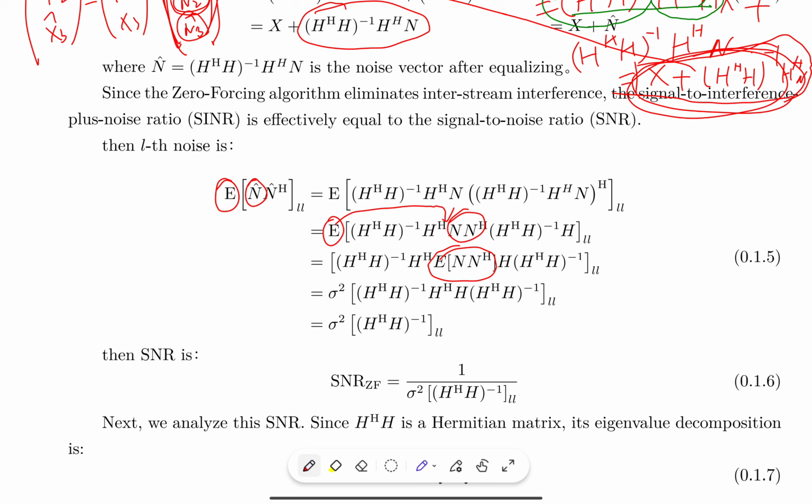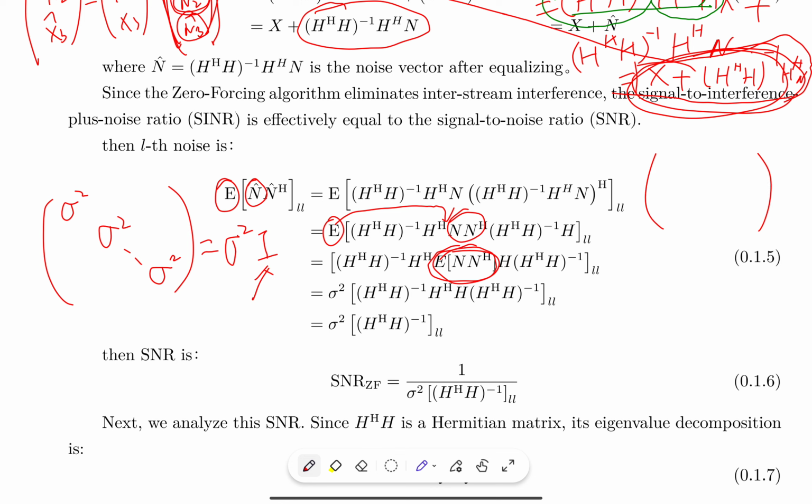We assume the Gaussian random variables are independent and zero mean, and the noise power is sigma square. So we get a diagonal matrix, sigma square times I, where I means the identity matrix: ones on the diagonal, the others zero.